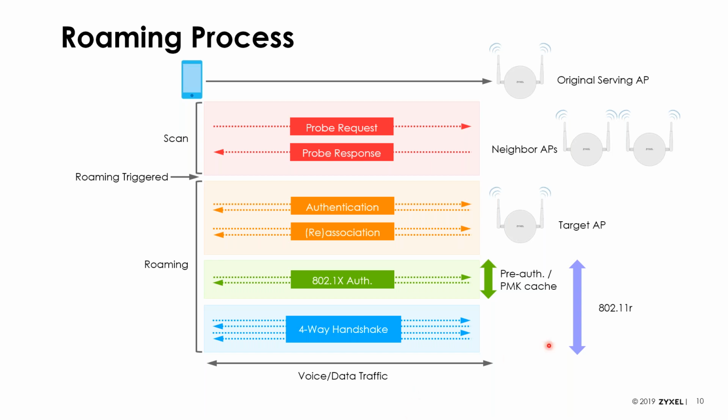So 802.11r only helps us in the roaming phase. So either we use a WPA2 enterprise authentication with a RADIUS server, or just the standard WPA2 authentication and encryption, or the four-way handshake. And basically, it's just a pre-authentication.